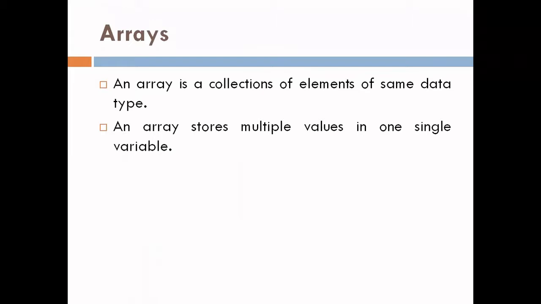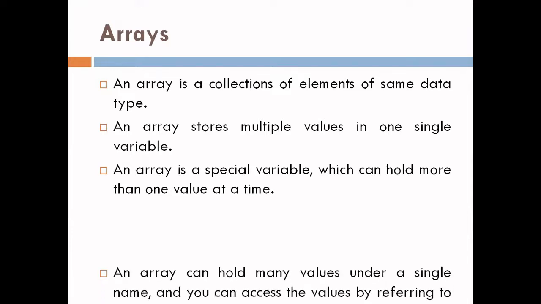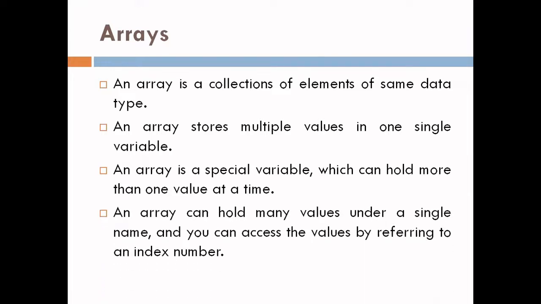An array stores multiple values in one single variable. An array is a special variable which can hold more than one value at a time. An array can hold many values under a single name, and you can access the values by referring to an index number.